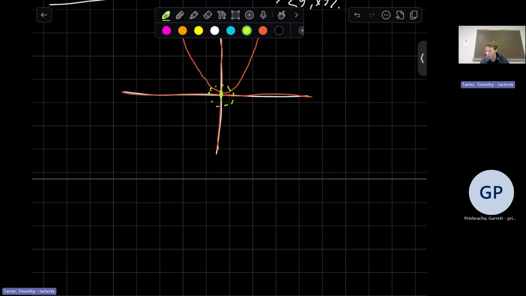So let me find the definition of an associated point. There we go.